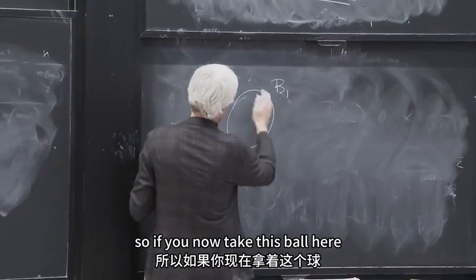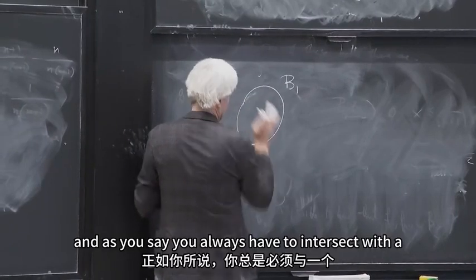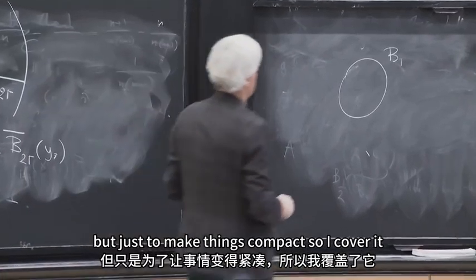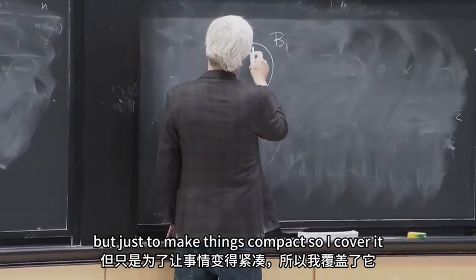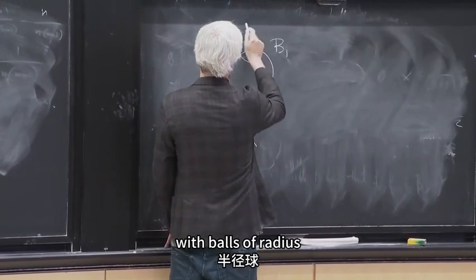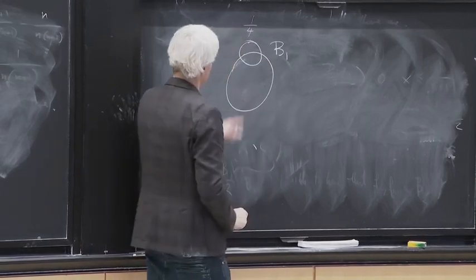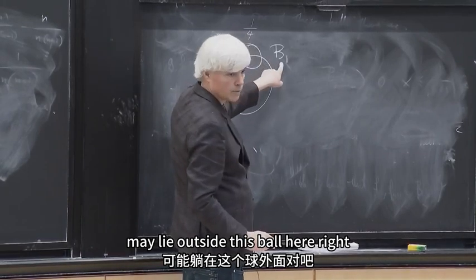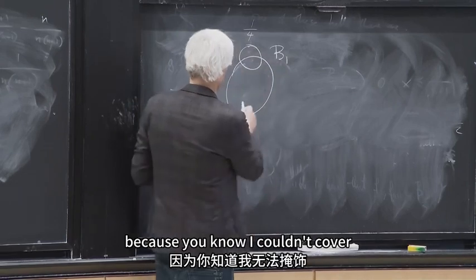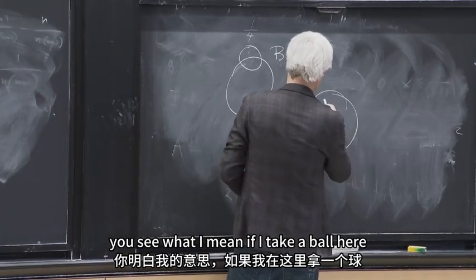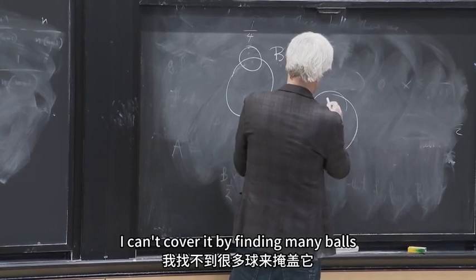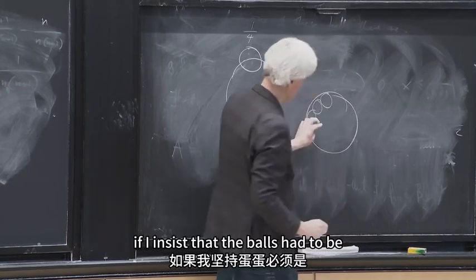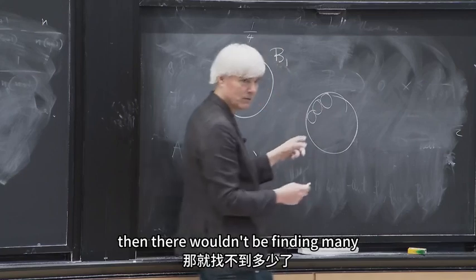So if you now take this ball here, and as you say, you always have to intersect with A, just to make things compact, I cover it with balls of radius 1/4. But part of some of these balls may lie outside this ball here. If it was like Euclidean space and I insisted that the smaller balls had to be inside this ball, then there wouldn't be finitely many.